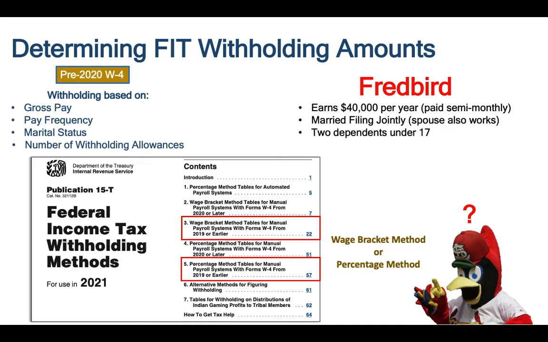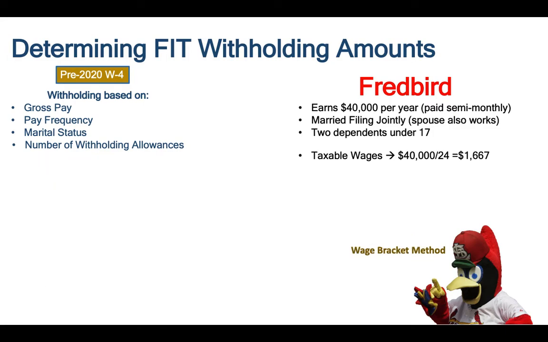Section 3 is the wage bracket method tables for manual payroll systems with Forms W-4 from 2019 or earlier. Section 5 is the percentage method tables for manual payroll systems with Forms W-4 from 2019 or earlier. So these are the 2 sections we would want to look at. Let's take a look at the wage bracket method first.